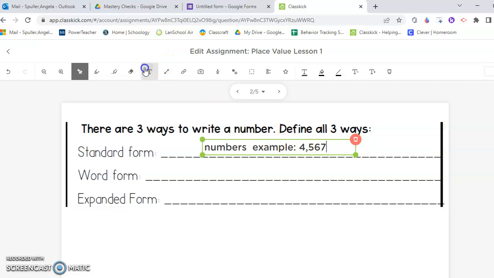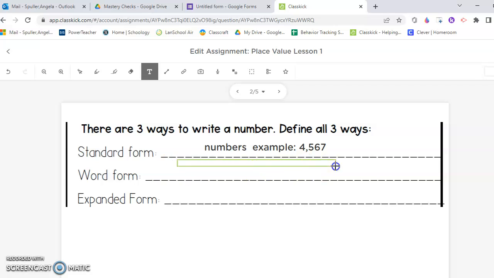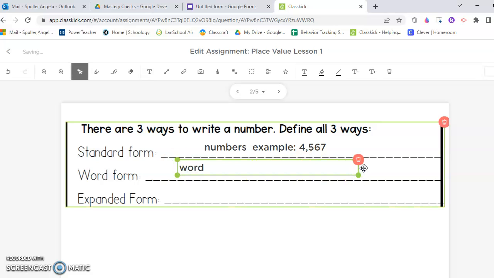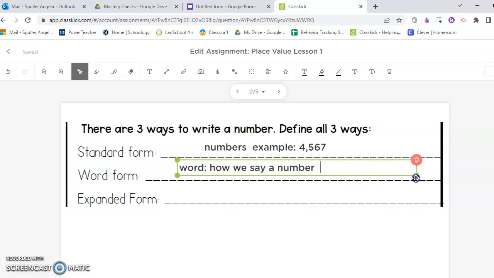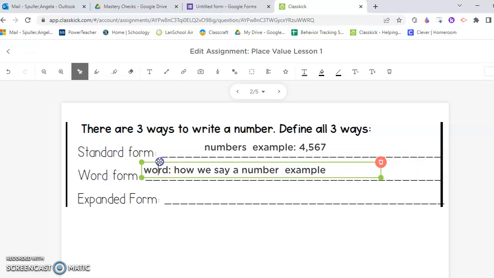Now, word form is exactly what you hear. It's using words. Another way to look at this is how we say a number. An example of this is going to get kind of long, so let's squeeze this down.